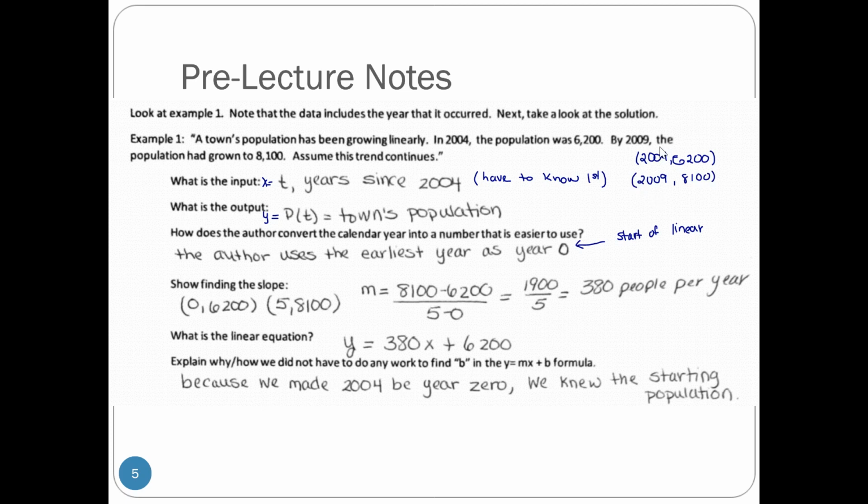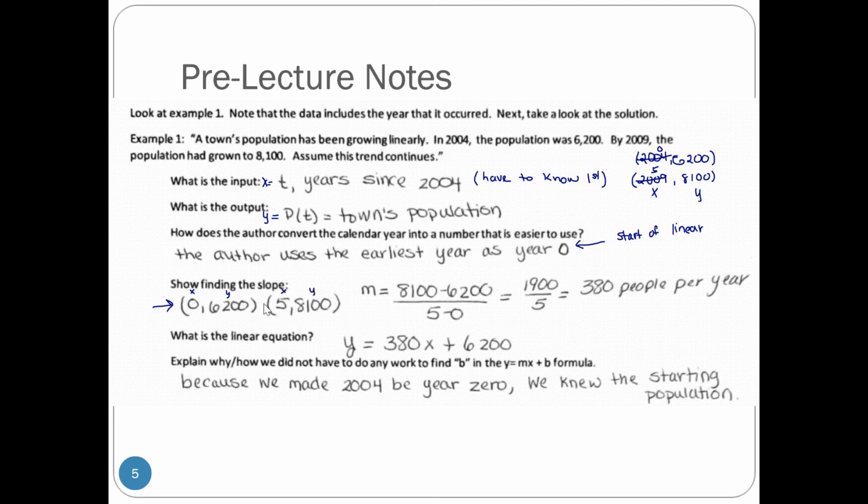And so putting the year in for X, putting the population for Y, and then we made the first year, year 0. So instead of using 2004, using 0. That means 2009, which is 5 years later, is going to be year 5 of the trend. So you see down here, this is my X as year 0, and this is my X in this one as year 5.